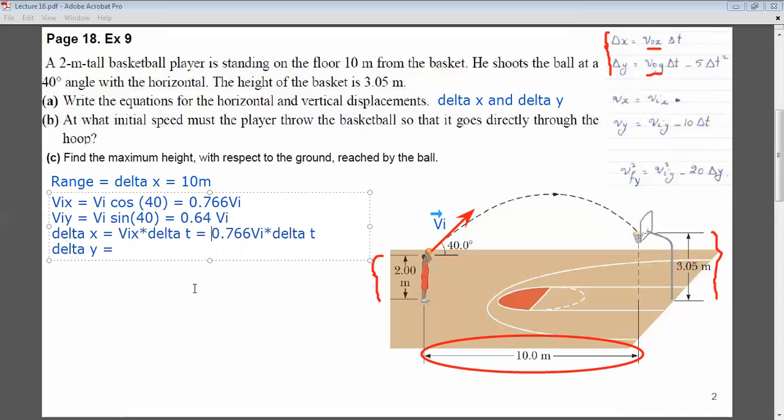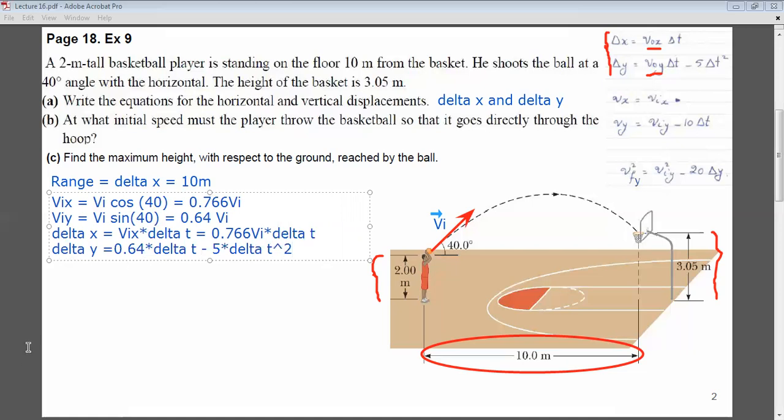It is 0.64 v initial times delta t minus 5 times delta t squared.